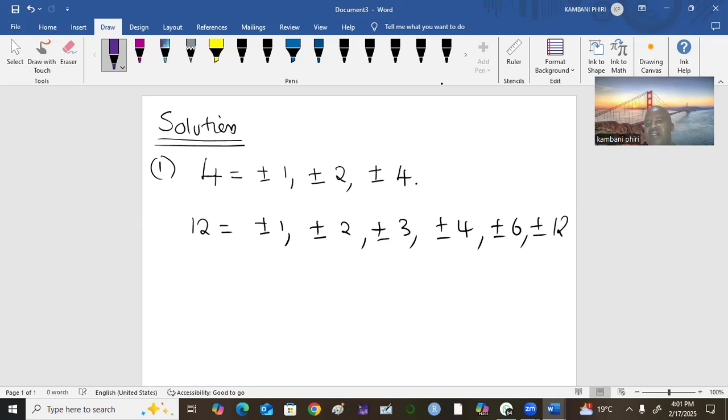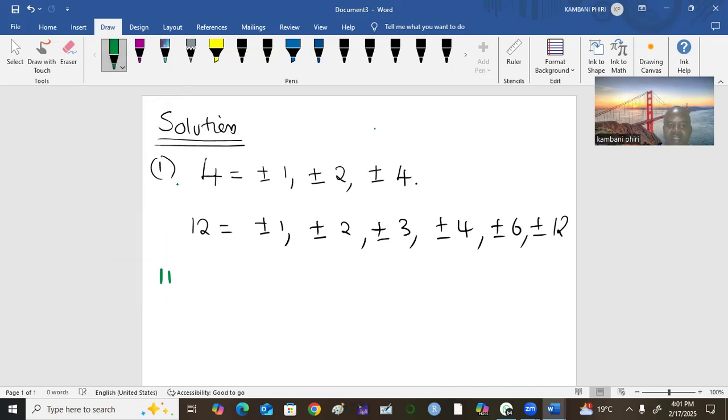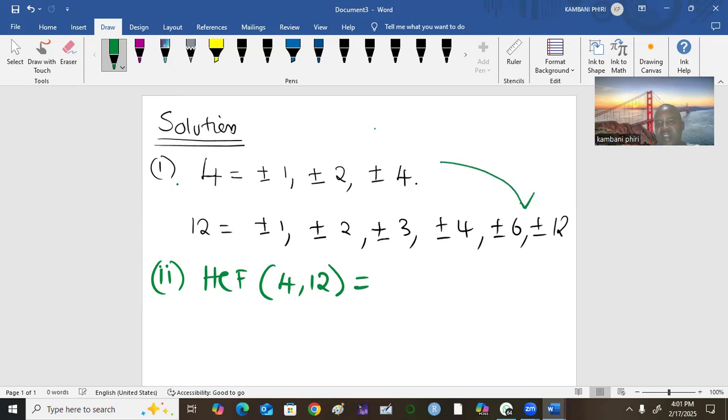These are the factors. Number 2, we want to find the HCF of 4 and 12. Now, you must identify a factor that is common to these factors here, and that number should be the highest.